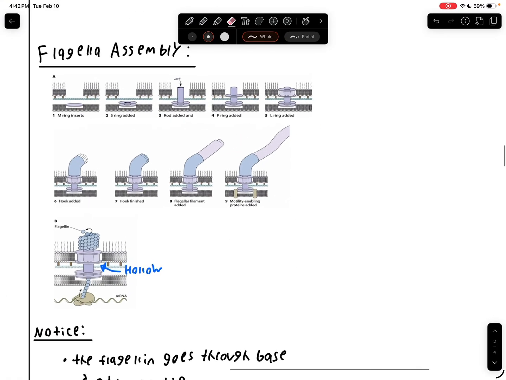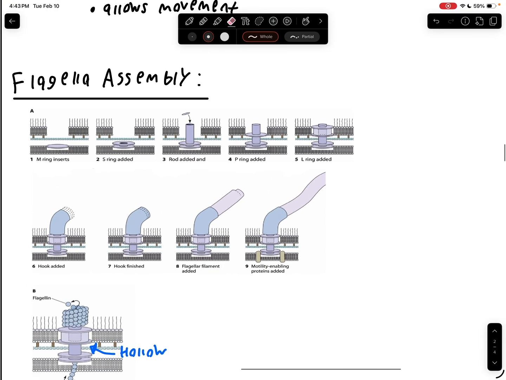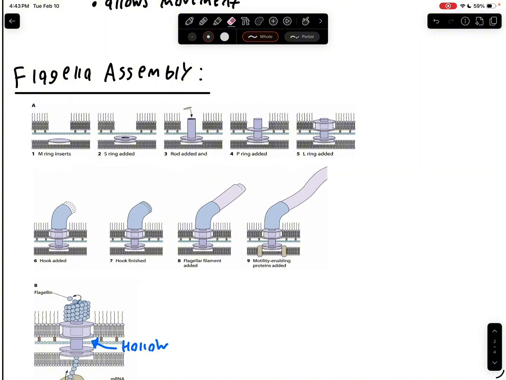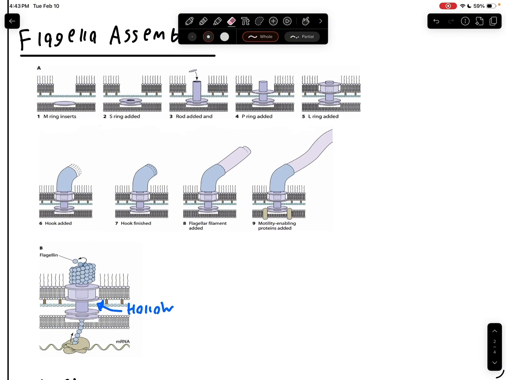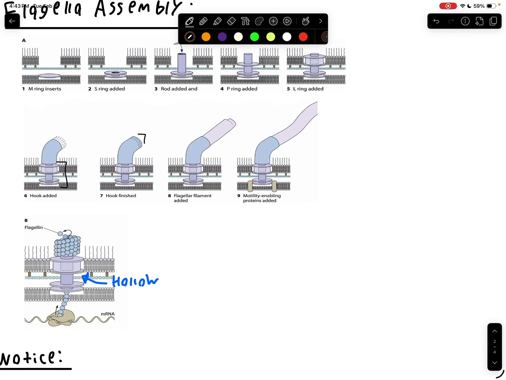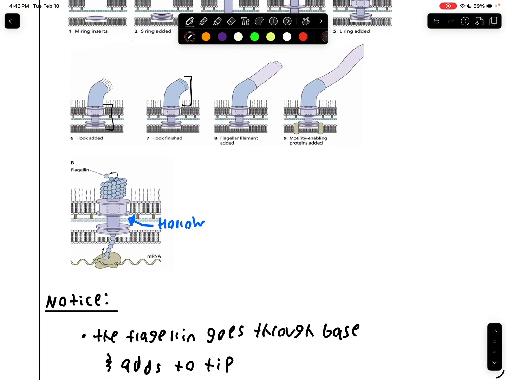Now, how the flagella is put together looks like this. You don't have to worry about every single step, but what you should know is that this motor is created first, and then once the motor is created, you add this hook piece, and from there, the most important part that you know is that it's formed from the bottom right here. It goes through this whole thing, and it gets added to the top.